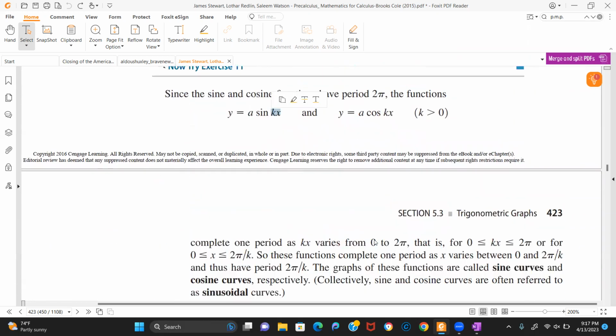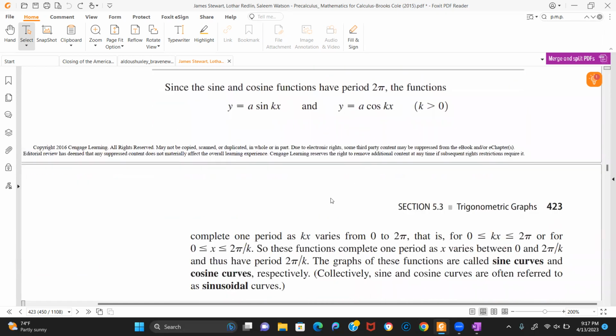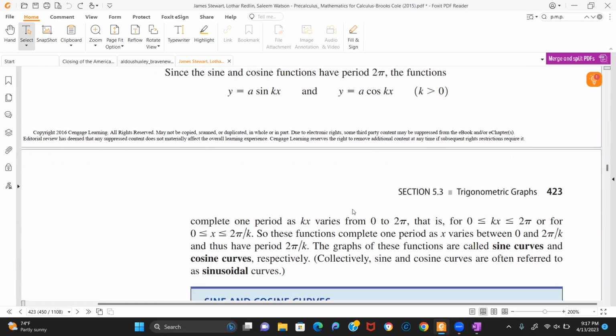This concept is a little tricky, but they explain it here in a pretty decent way. So you have the sine and cosine functions. They definitely have a period of 2 pi, the original functions. So we know that sine x has period 2 pi, but we're not looking at sine of x. We're looking at sine of kx for some constant k.